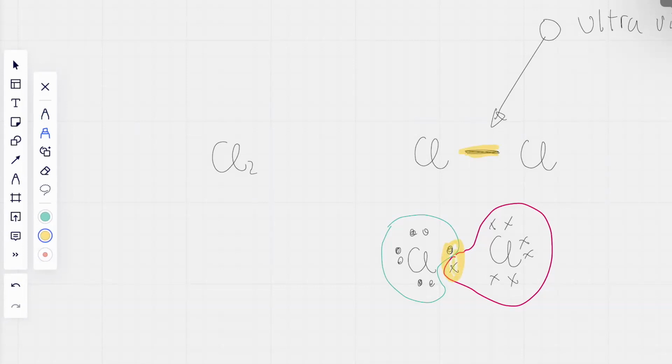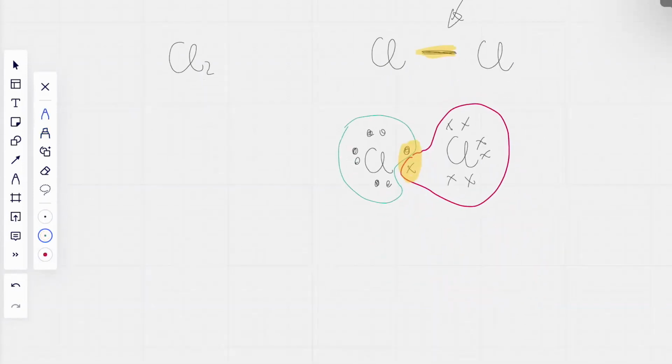Which is here. Yeah. The 2 electrons, the bond will break up. Then each of them will have 7.